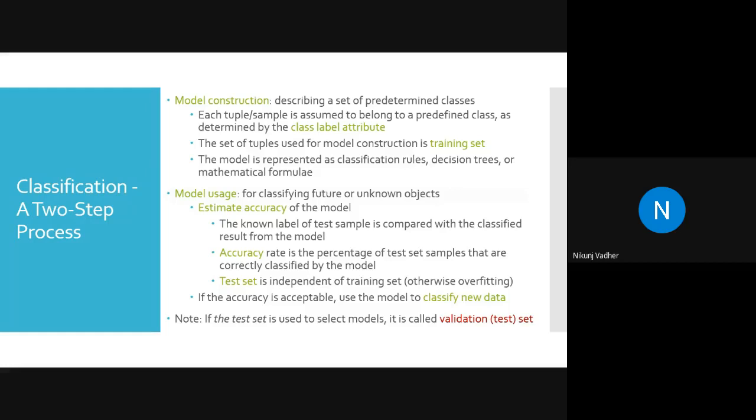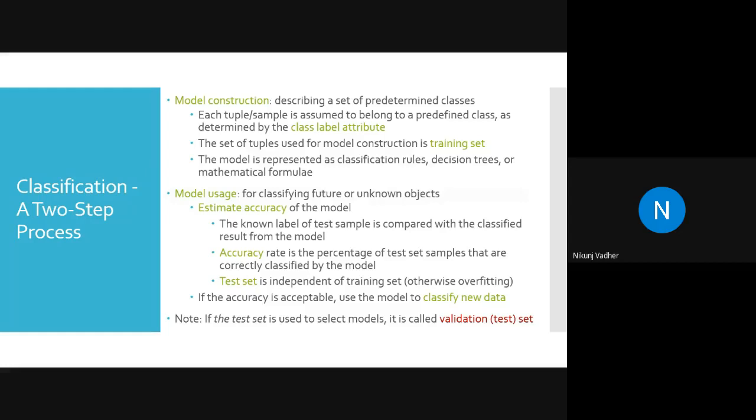What is model construction? Model construction is describing a set of predetermined classes, and each tuple sample is assumed to belong to a predefined class as determined by the class label attribute. Here we are specifying the attribute of the data set. The set of tuples used for model construction is called the training set. The theory content which I deliver to you in class is the training set.